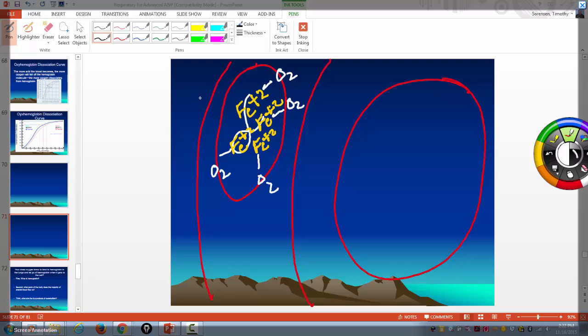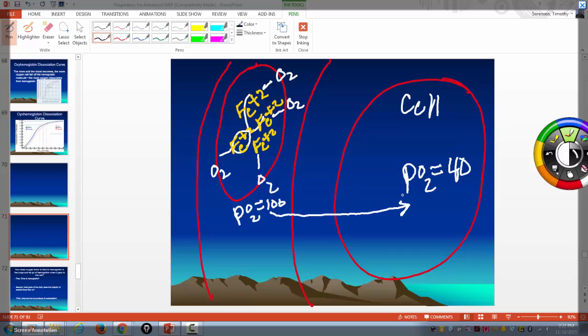What's the PO2 of arterial blood? PO2 of arterial blood is 100. What's the PO2 inside the cell? It's 40. So as the PO2 moves by pressure from the plasma into the cell, the PO2 is going to drop.